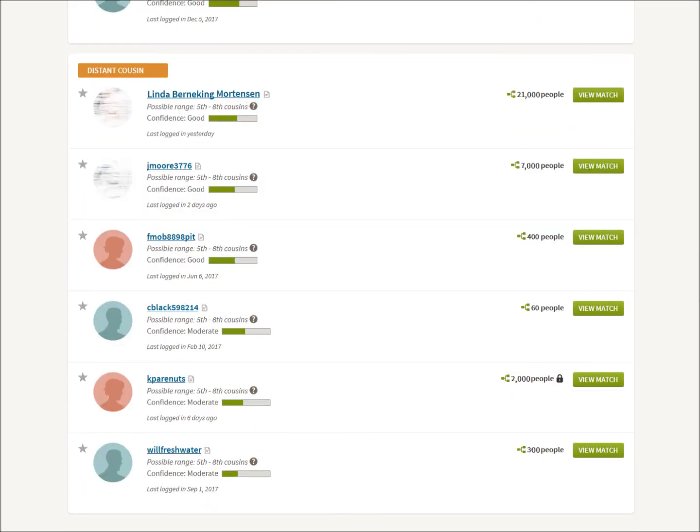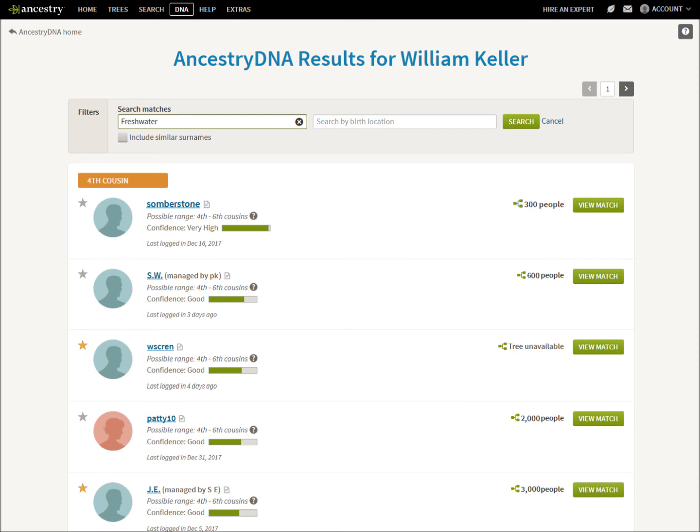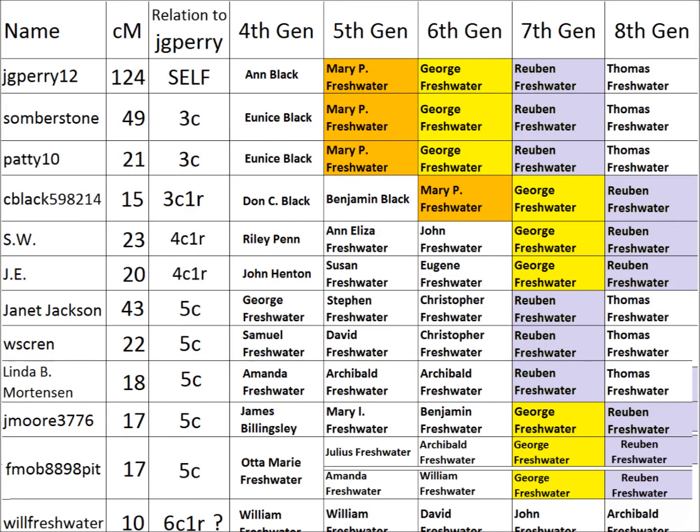I made a chart of how all the names that show up when I search Freshwater are related. The information in this chart is the result of hundreds of hours of research from Ancestry and FamilySearch. All of them are descendants of Thomas Freshwater, a man who lived in Richmond, Virginia between 1700 and 1755.